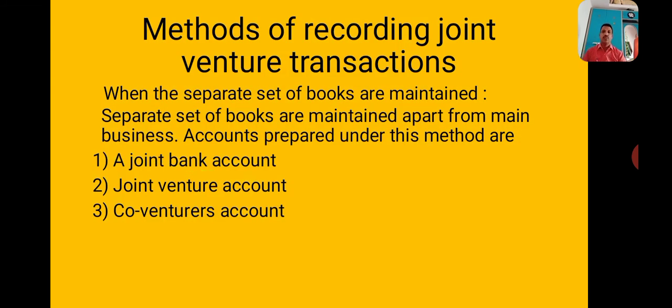Separate books are maintained apart from the main business. The accounts prepared under this method are: one, the joint bank account; two, the joint venture account; and three, the co-ventures account.